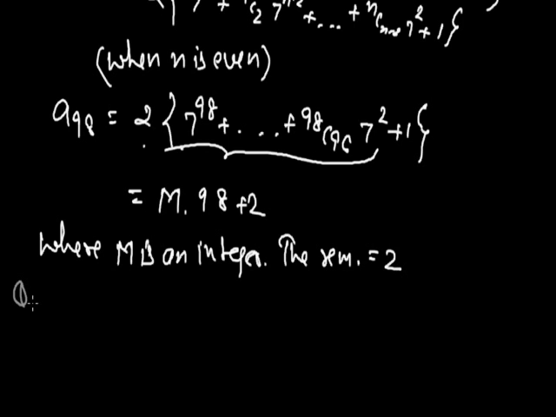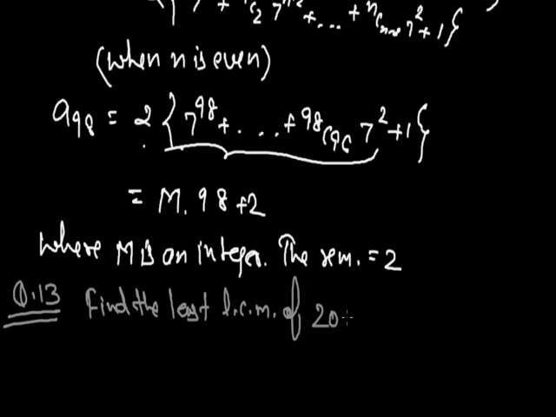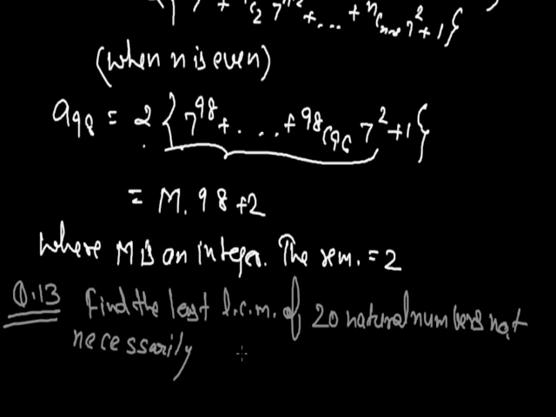The next question is question number 13, that is given to us as: find the least LCM of 20 natural numbers, not necessarily different, whose sum is 801.